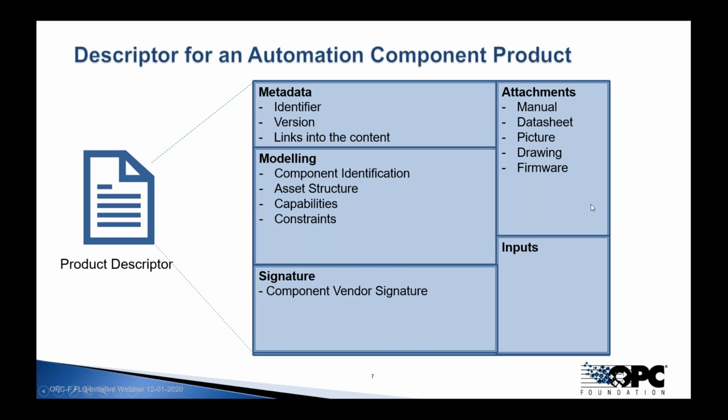The attachments could have everything that a vendor thinks is useful for an engineer to understand the functionality and the purpose of the component. And of course, there will be a vendor's signature of the component vendor. So you will get a descriptor from your component vendor, and of course you have to decide whether to trust it or not to trust it.